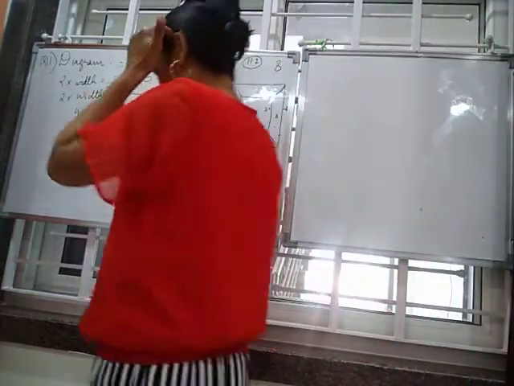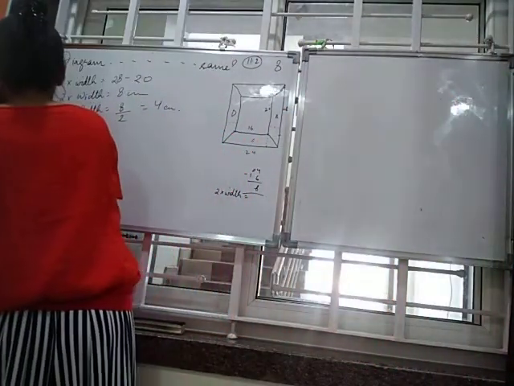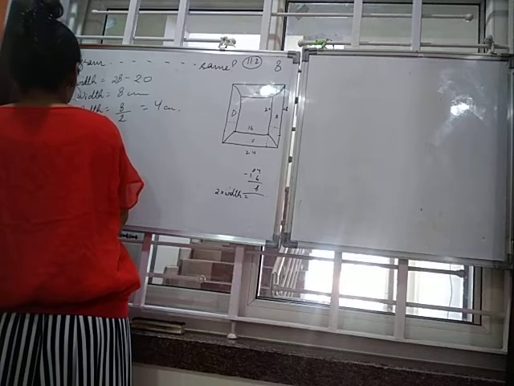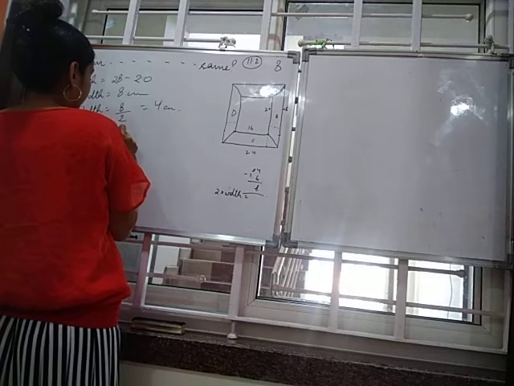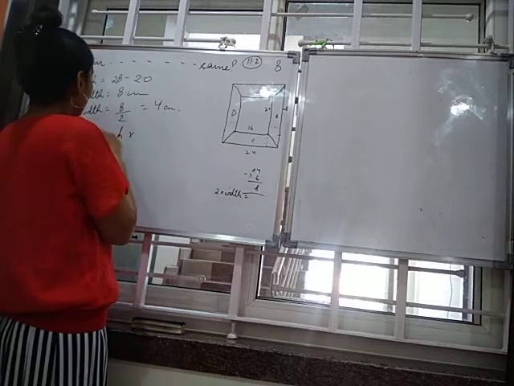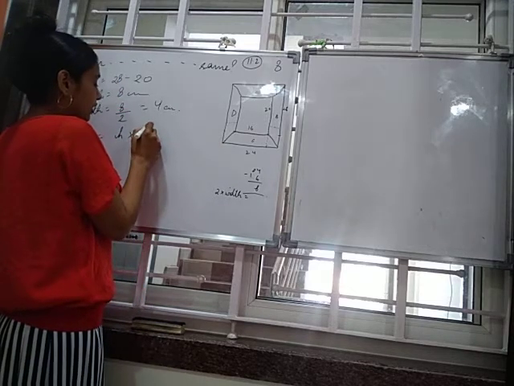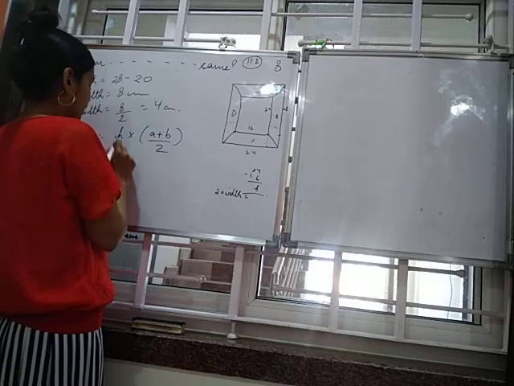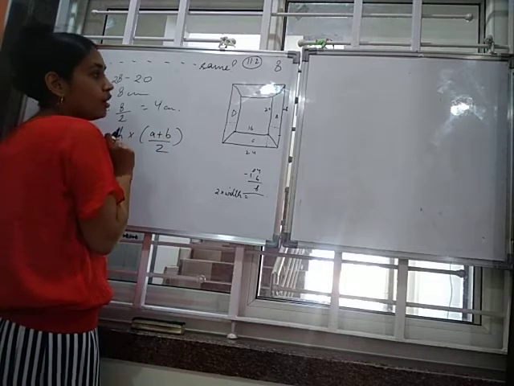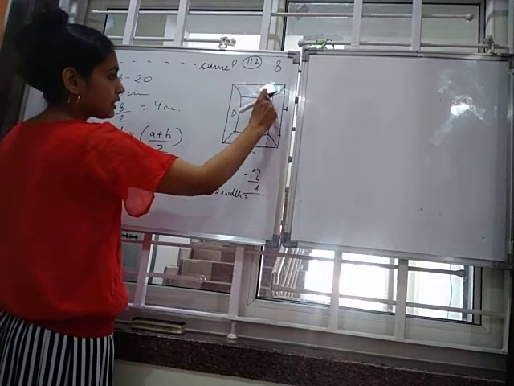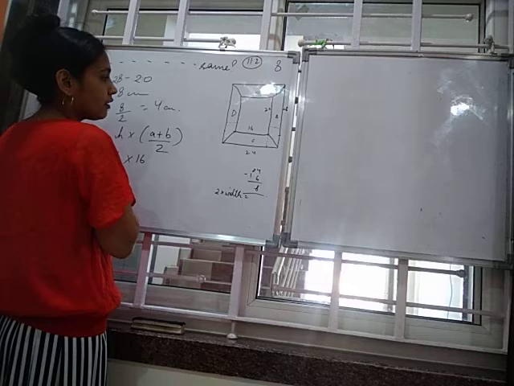So area of trapezium A is height or the width into sum of parallel sides, that is A plus B by 2. So what is the width? 4 into what is A and what is B? What is A? 16. What is B?